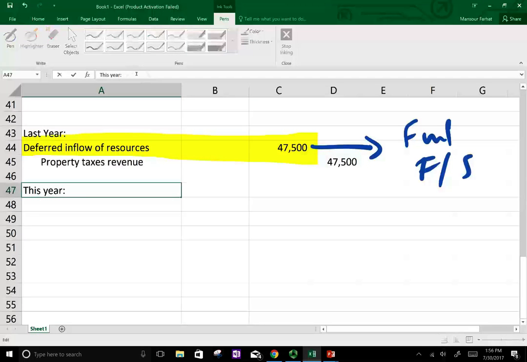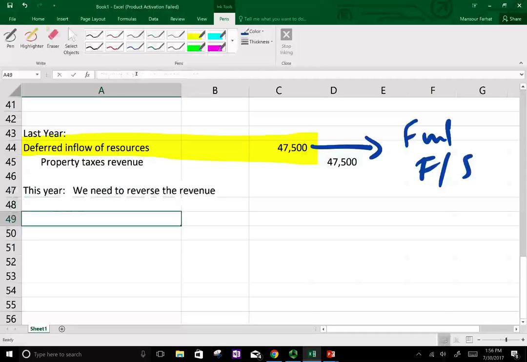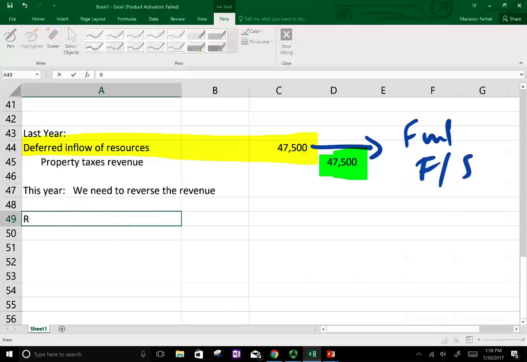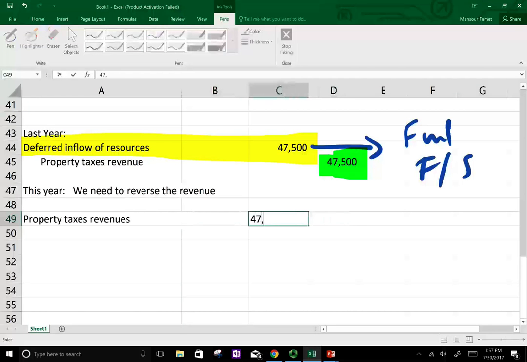We need to reverse out that revenue. We need to reverse the revenue from the prior year, specifically this $47,500 that we recognized because it was not allowed under the modified accrual. Now what we need to do, we need to debit property tax revenue, $47,500, basically reduce it.